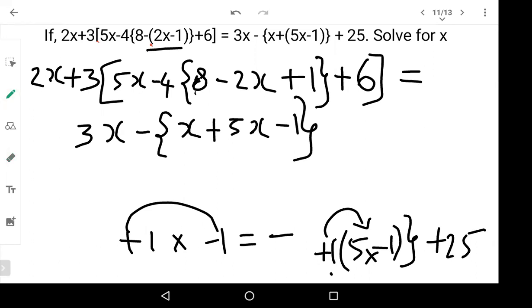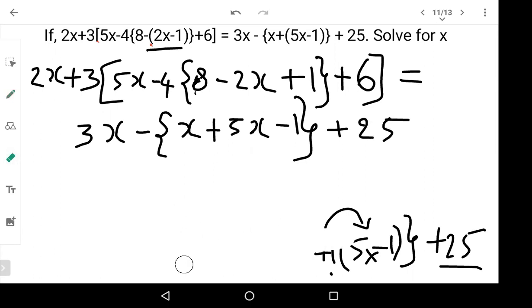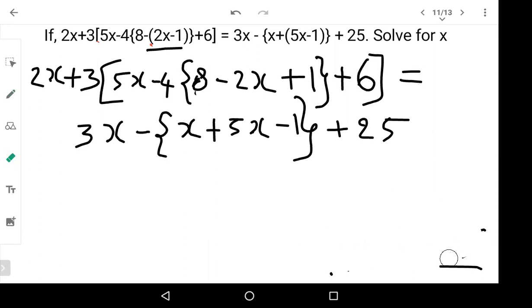Close the flower bracket. Now after closing the flower bracket, what else is left out? Plus 25. So this is going to be our first step of simplifying the bracket. Any doubts in the first step? Everybody understood?